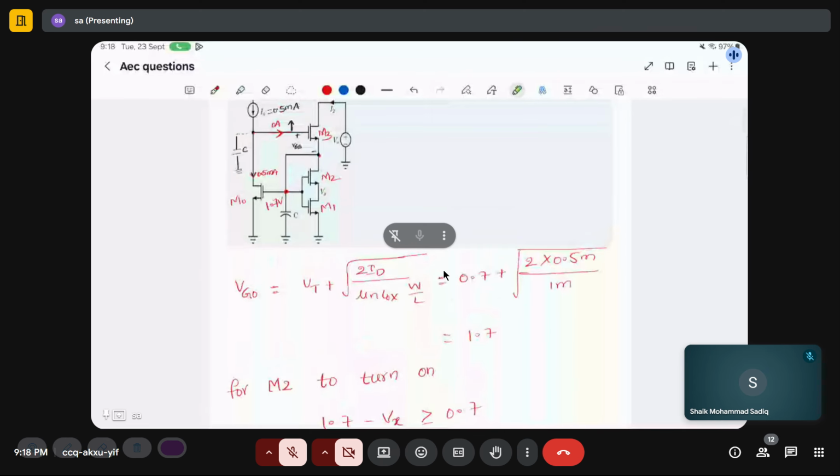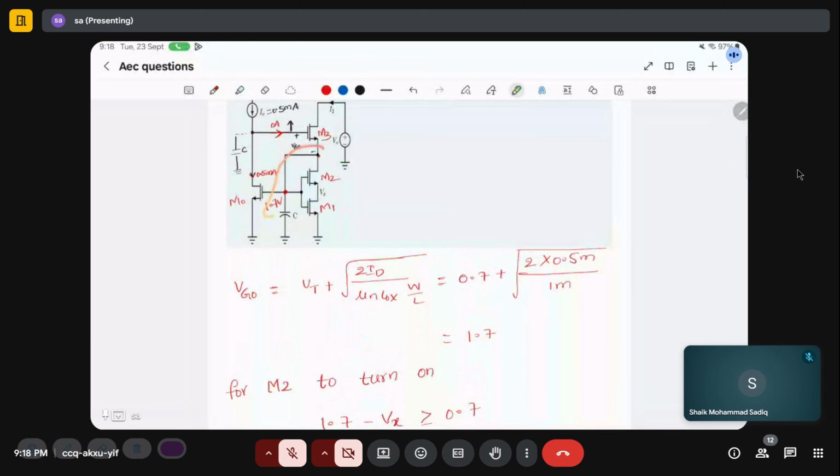All of you agree that M2 is in saturation, right? Everyone agrees, right?